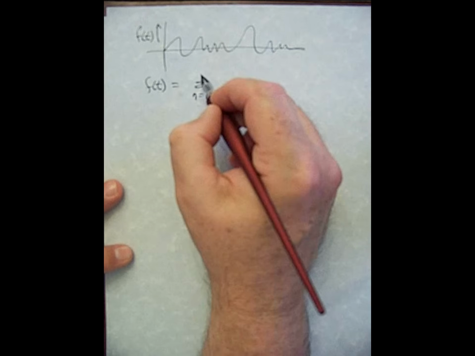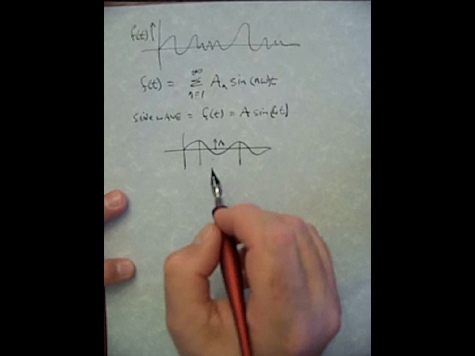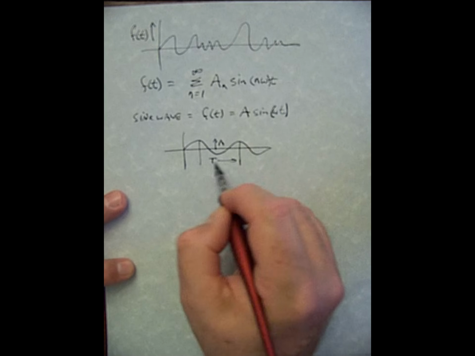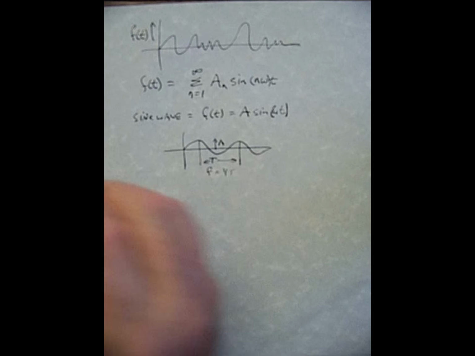So if I have my sine wave, it would be a tall, and well, this would be the period in time, so the frequency would be 1 over the period.